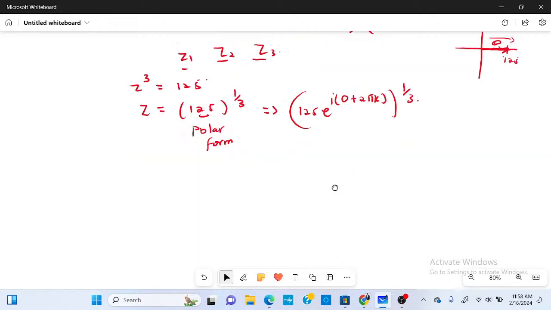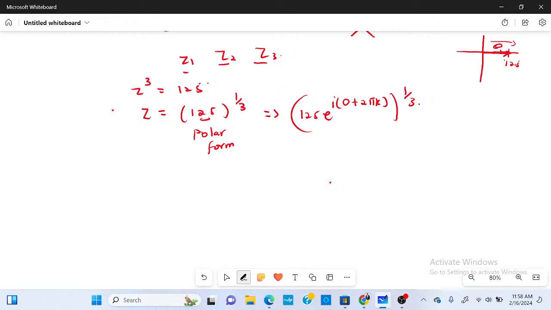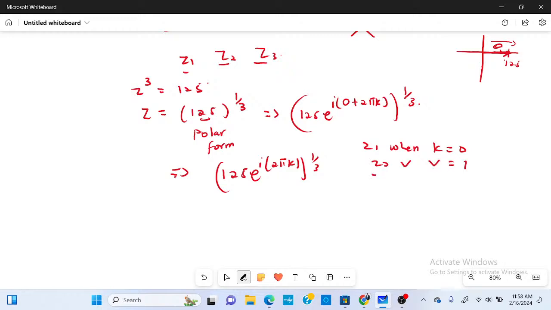So at this point, this gives me 125 e to the power i multiplying 2 pi k, to the power 1 out of 3. So you get our root z1 when k equals 0, z2 when k is equal to 1, z3 when k is equal to 2.